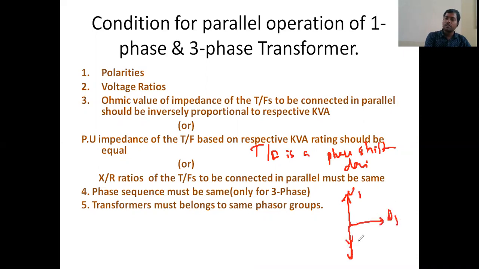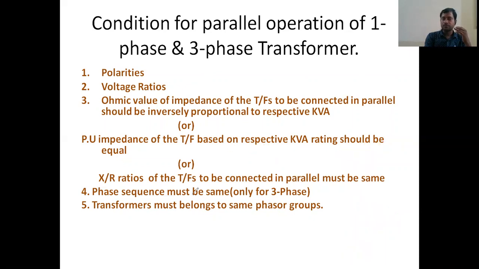The induced EMFs are E1 and E2. The supply voltage to the induced EMF is a 180 degrees phase shift. So in this way we can conclude that the transformer is a phase shifting device.